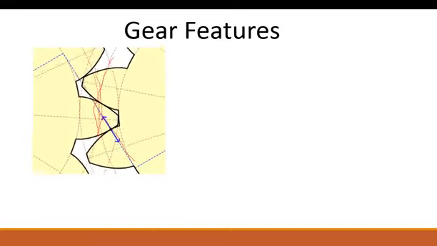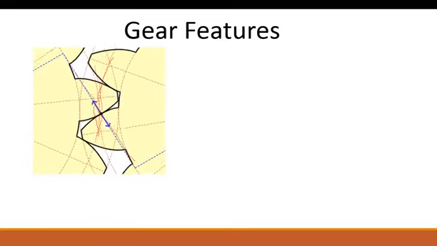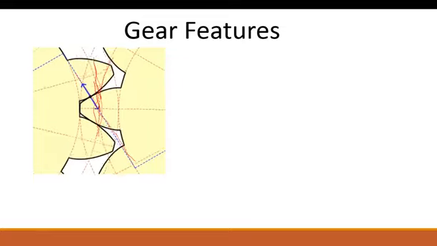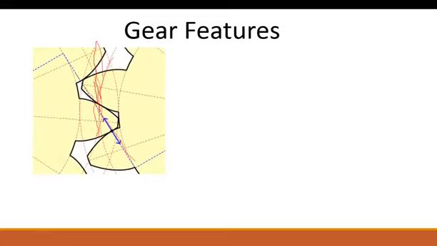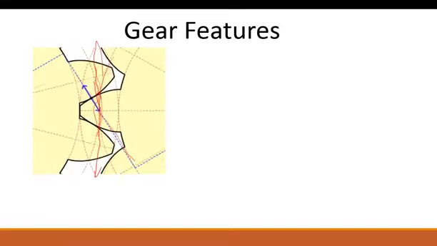And one thing that's not shown on this picture is the pitch line. That's not a very good picture, but one thing that's important about this pitch line is that this is the area where the force actually travels through the gears.